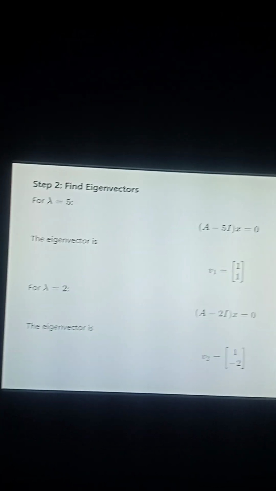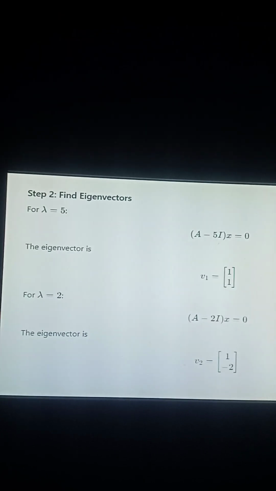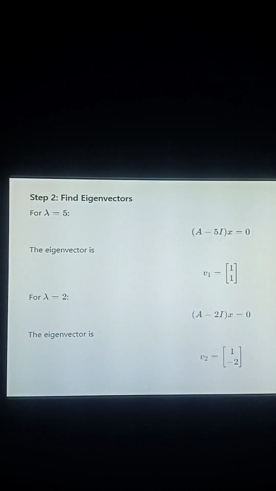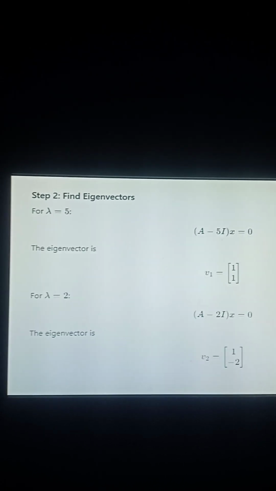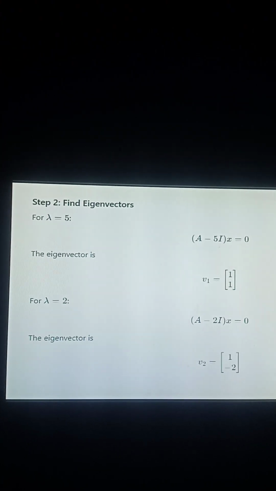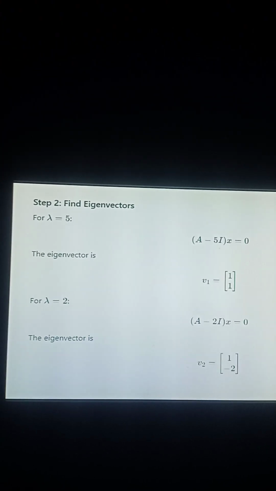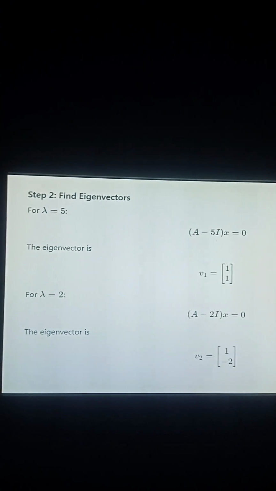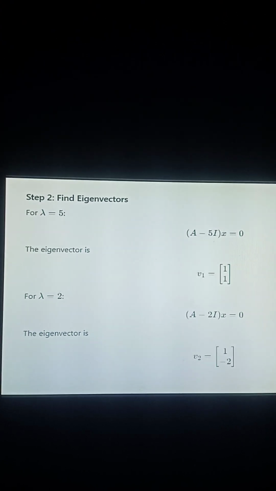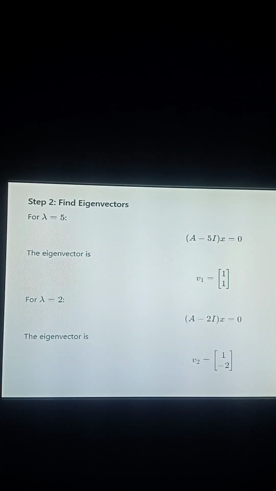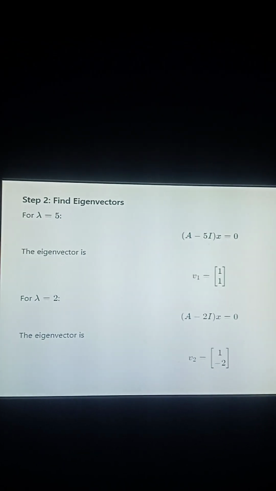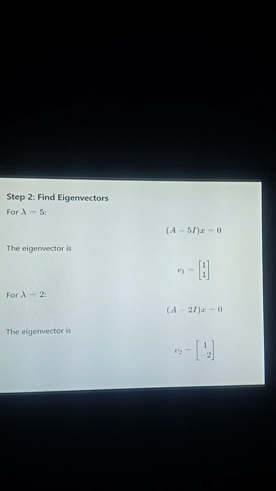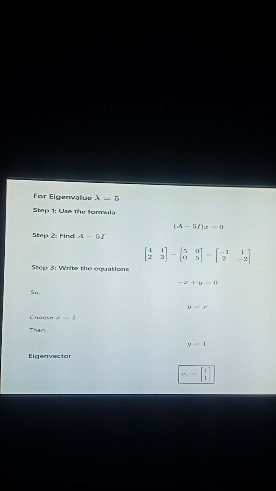Since we know the values of lambda, next we go to find the eigenvectors: A minus lambda I into x. In this case, the lambda is 5. We substitute that, and for these values we will get v1 as 1 1, and for lambda 2 we will get v2 as 1 minus 2. We will see how.